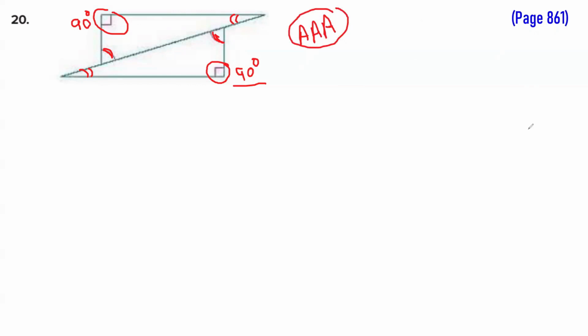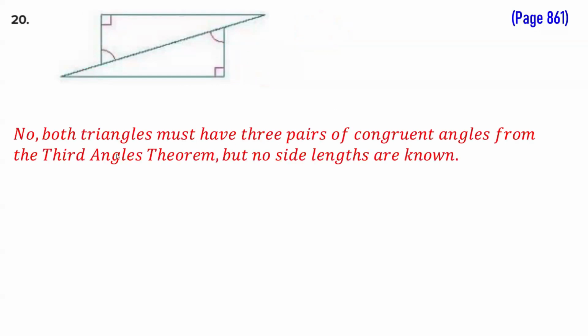So in this case, I will say no, both the triangles must have three pairs of congruent angles from the third angle theorem, but no side lengths are known. So we can't prove the triangle congruency. For sure we can prove the triangle similarity, but here we are not talking about similarity, we are talking about congruency. So the answer is no.